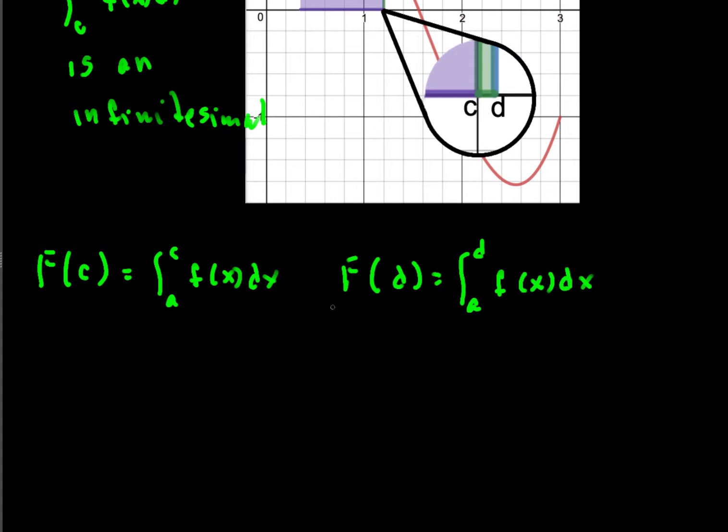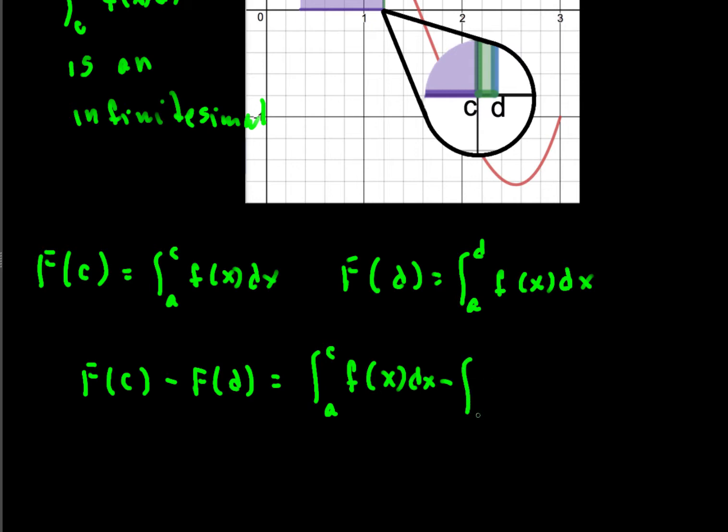And so if I look at their difference, F of c minus F of d, it is equal to the integral from a to c of f of x dx minus the integral from a to d of f of x dx.